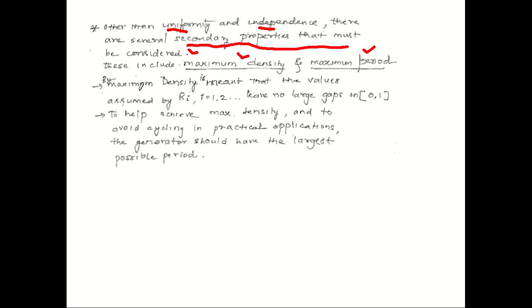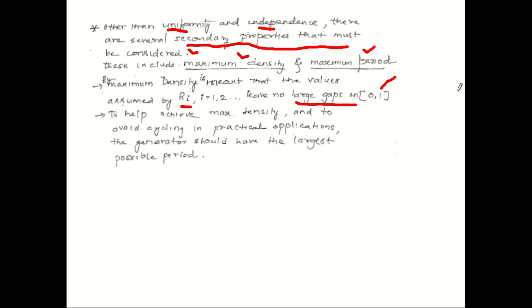Maximum density means that the values assumed by Ri leave no large gaps between 0 and 1. As much as possible, the random numbers should be generated between 0 and 1, so there should not be large gaps between the first and second random number, the second and third, and so on.